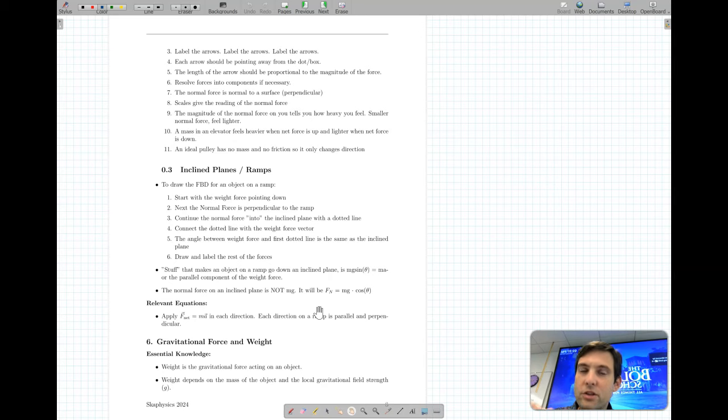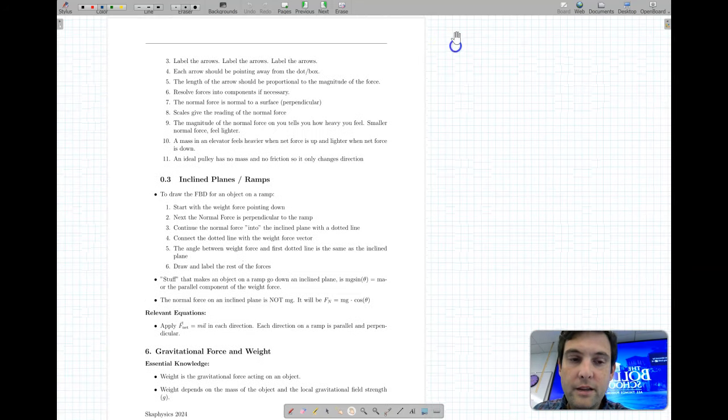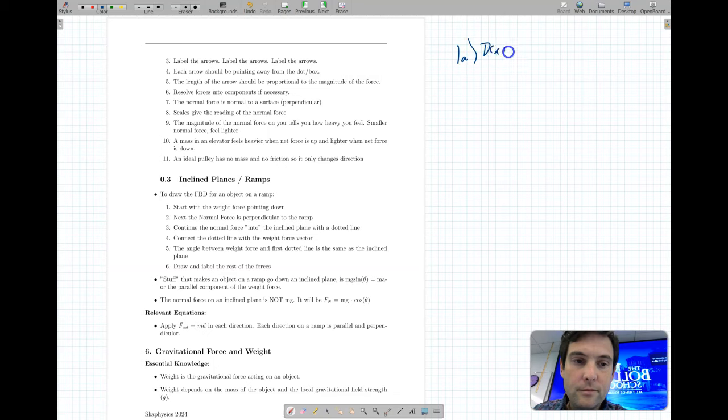So that means we should start with drawing a free body diagram. Next, draw a second free body diagram with your components, because if it's an FRQ, don't draw your components on your free body diagram. That's going to be scored.